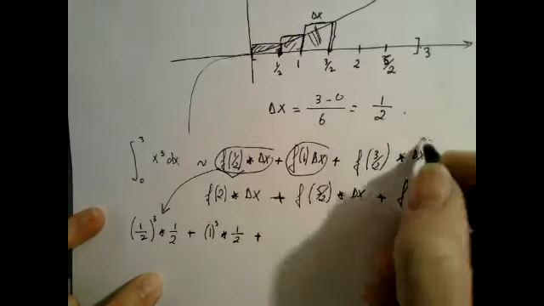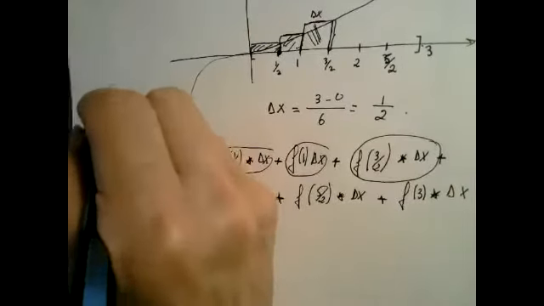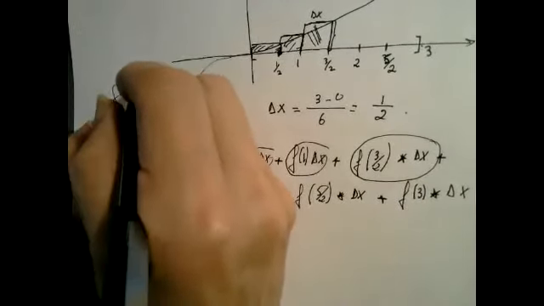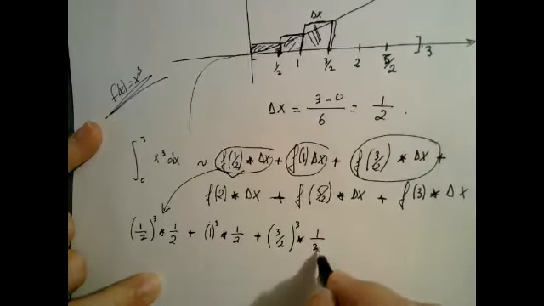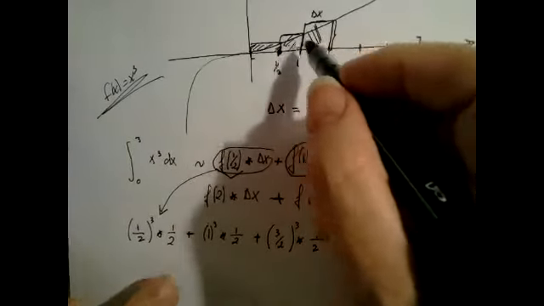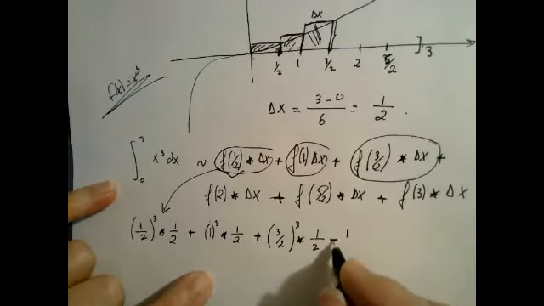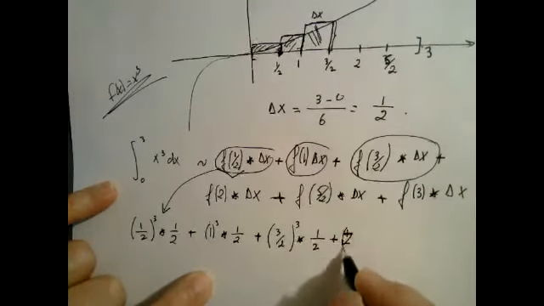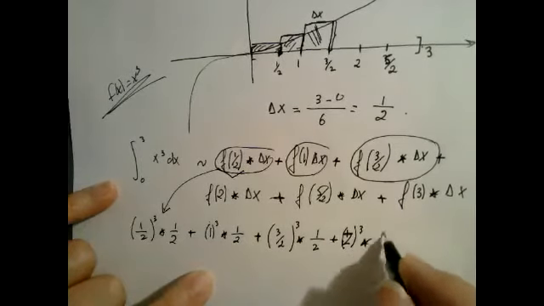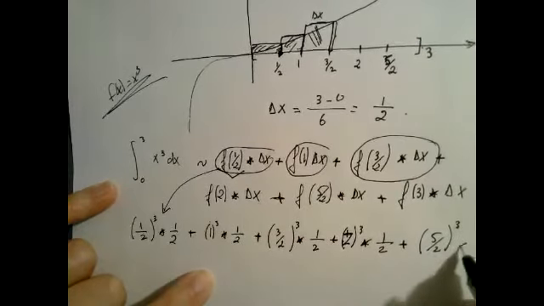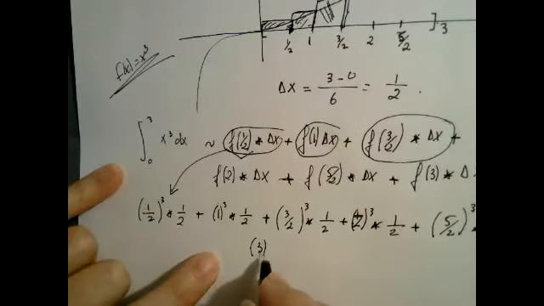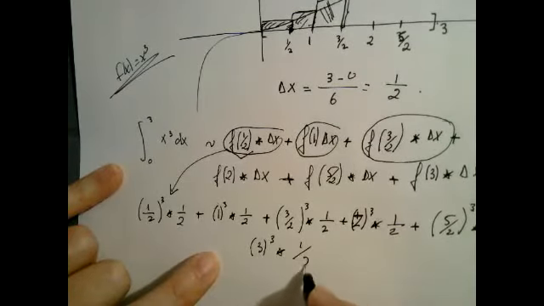And then the rest is easy because the function I'm working with is the x cubed function. Plus 3/2 to the power 3 times delta x, which is half. So I'm adding the area of this plus that, because my function is positive, that's really important, plus 2 to the power 3 times a half, plus 5/2 to the power 3 times a half, plus finally 3 to the power 3 times a half.